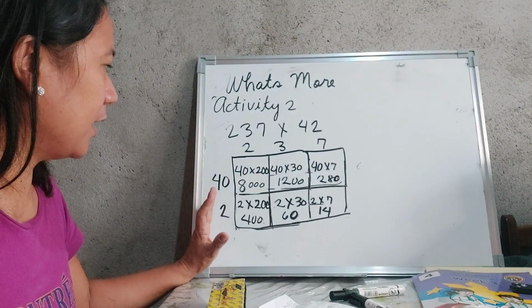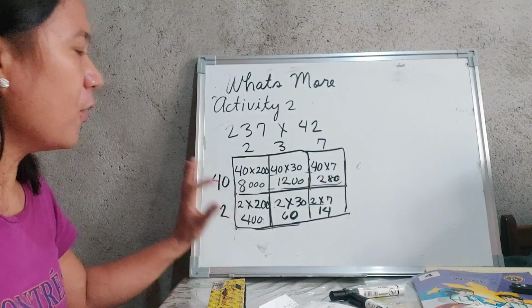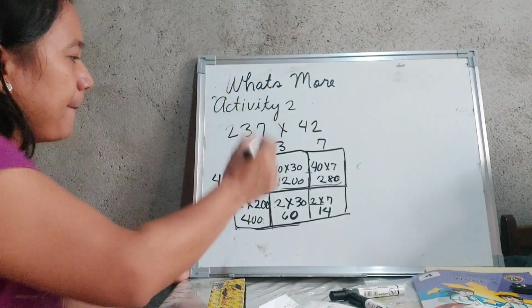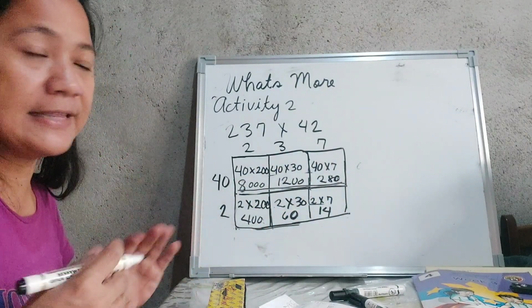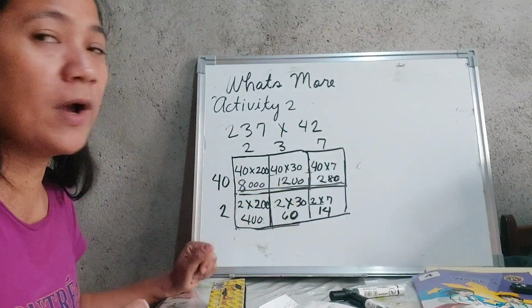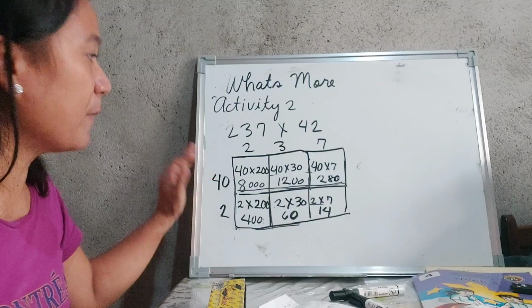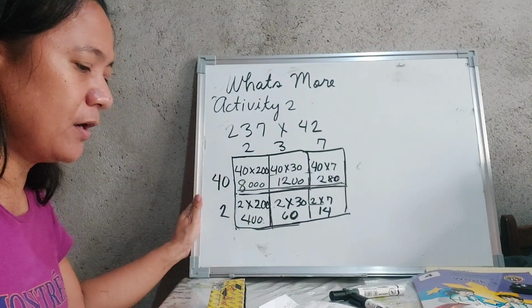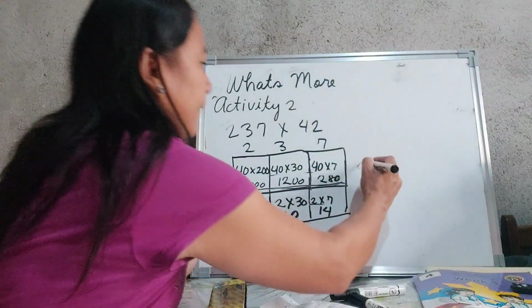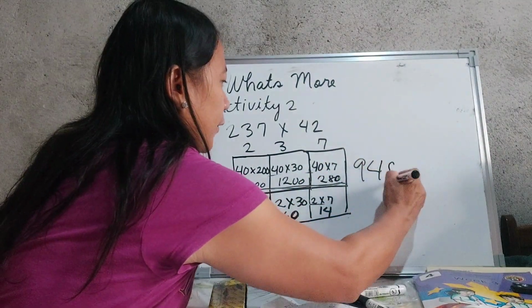So after we multiply them, all we have to do is to sum up all these three numbers. Sum up, i-add natin kung ano ang mga nakuha natin doon sa pag-multiply natin. So if we sum up all those numbers, we will get the total of 9,480.